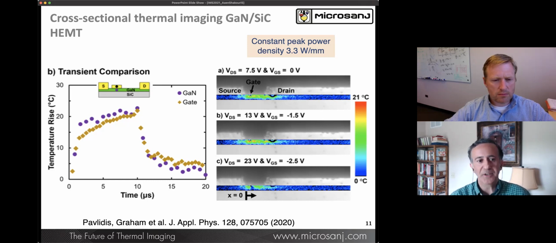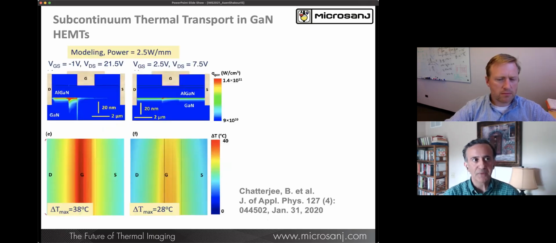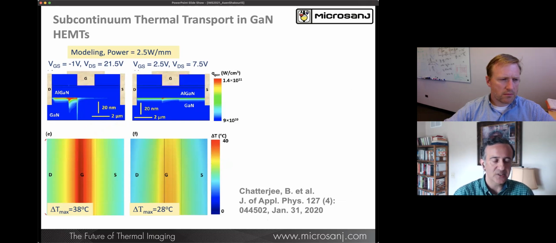And next, what I want to describe is how the theory and experiment work. That's a slightly different paper by another group from Penn State. In this case, you can see the modeling result right now. So first of all, where is the Joule heating happening in the pinch-off region? In this case, 2.5 watts per millimeter.